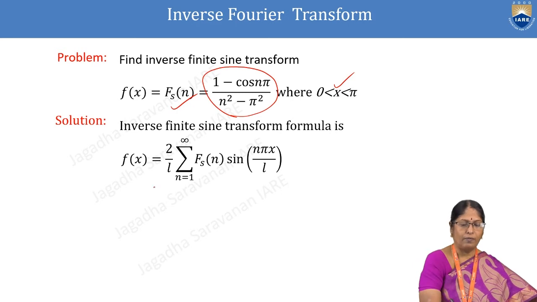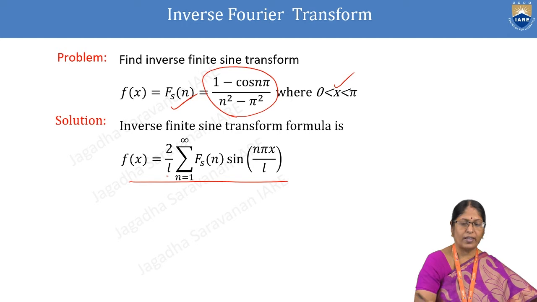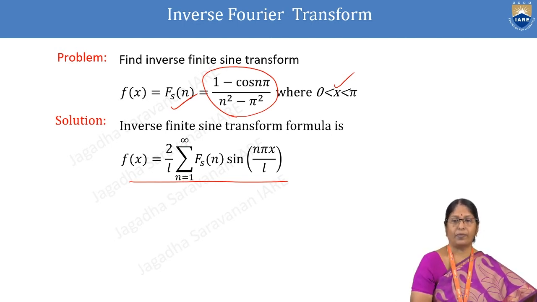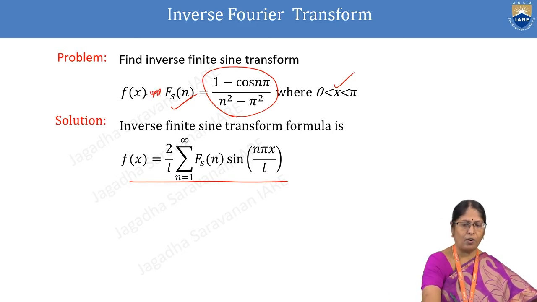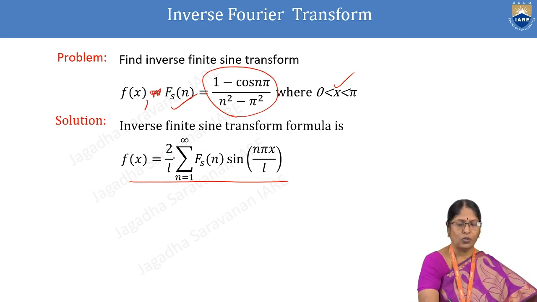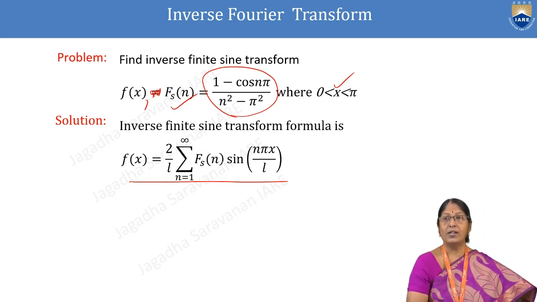So now we know this is the formula: f of x equals 2 by L, summation n taking the value from 1 to infinity of capital F S of n, sine of n pi x by L.